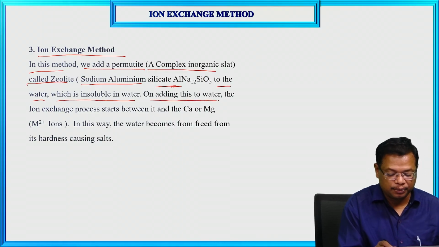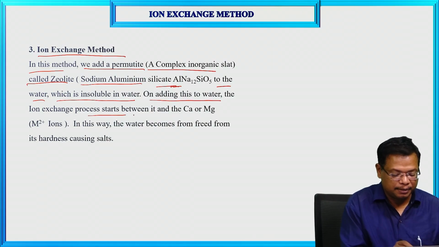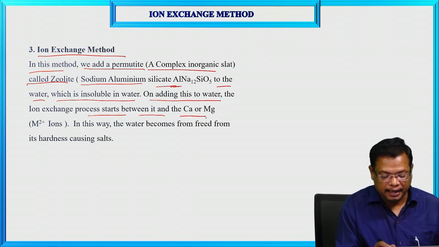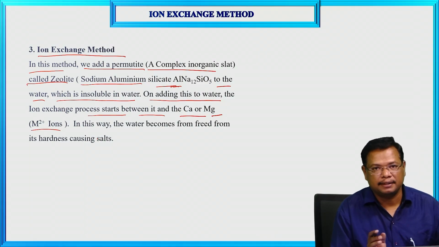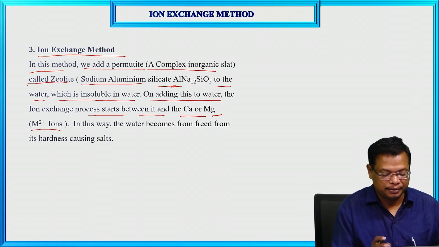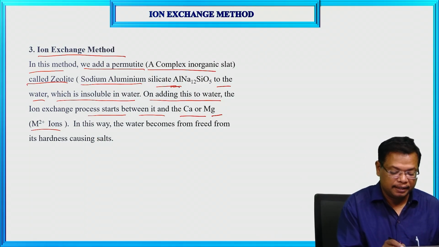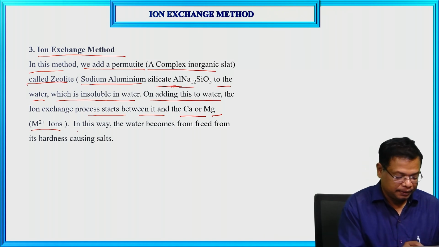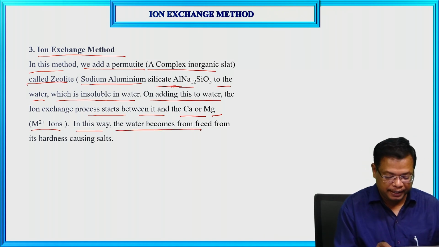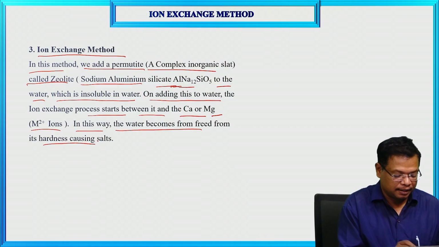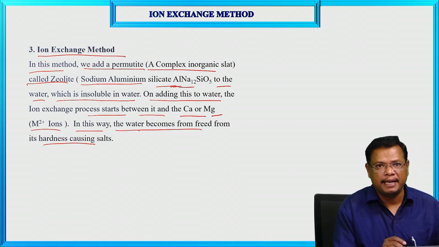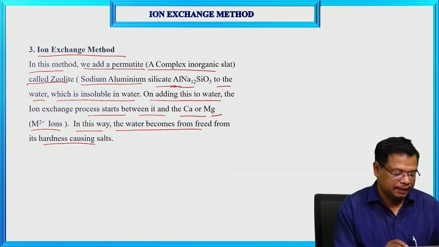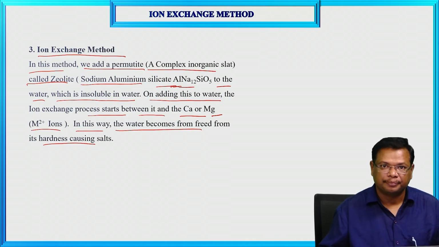On adding this to water, the ion exchange process starts between it and the calcium and magnesium ions. They will be exchanged, removed by taking the sodium ions. In this way, the water becomes free from the hardness causing salts. This is also like the Calgon method. Both are almost the same.